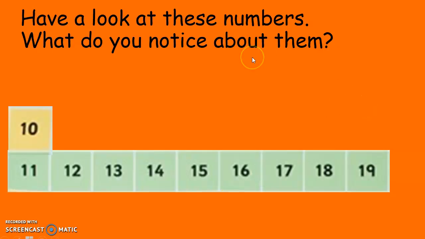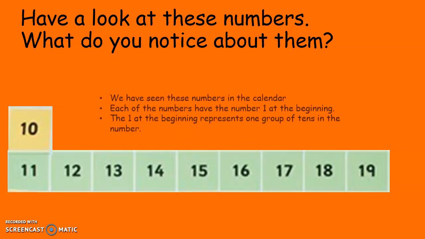Okay, family, have a look at these numbers. What do you notice about them? So we've got number 10, 11, 12, 13, 14, 15, 16, 17, 18, and 19. What do we notice about them? Good job!